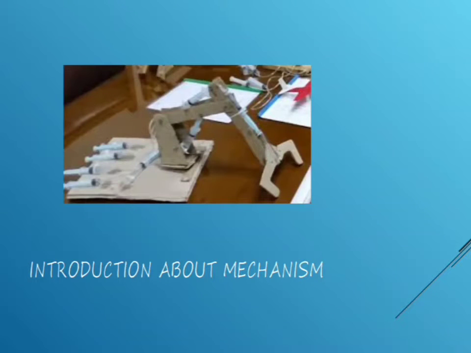Introduction about the mechanism. A robotic arm which is hydraulically operated and controlled by a syringe filled with some fluid. It consists of various parts connected to each other in a pre-designed manner, which are guided in a constrained way to obtain the required output. First is application.